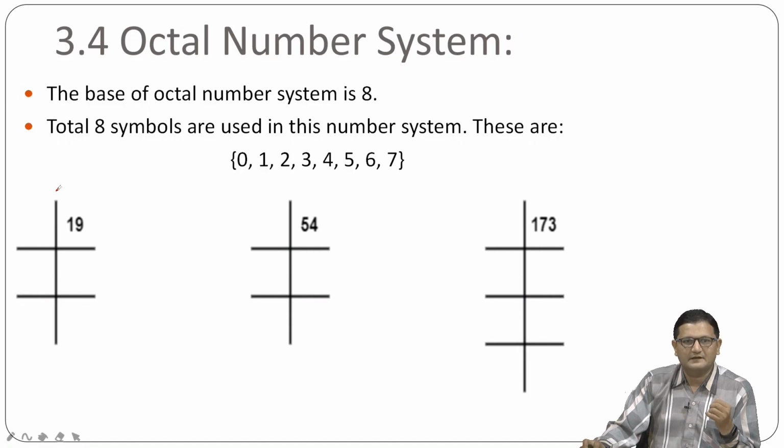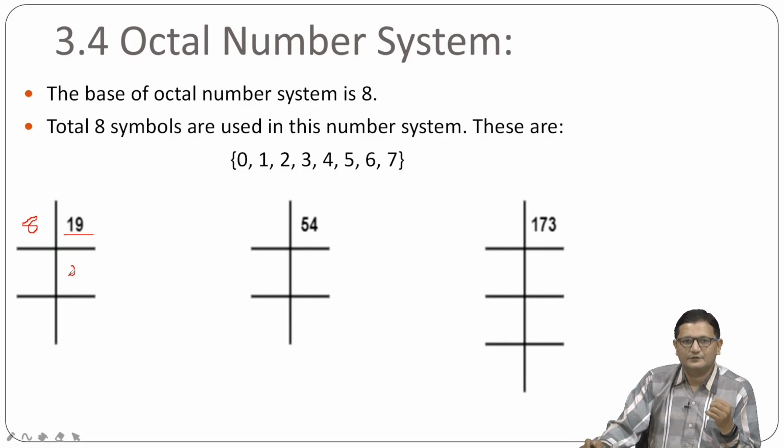let's suppose here we have 19, and we want to convert this 19 into the octal number. So I will divide this 19 by 8, right. So 8 twos are 16.